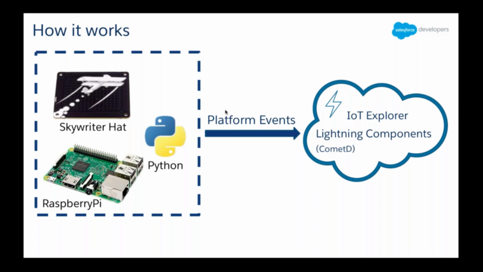And what we were doing there was to basically create a platform event record. We use the simple Salesforce library for Python, which is a wrapper for the Salesforce REST API written in Python. So we use that to create the platform event, which is then sent off to Salesforce and handled by the IoT Explorer and Lightning components.